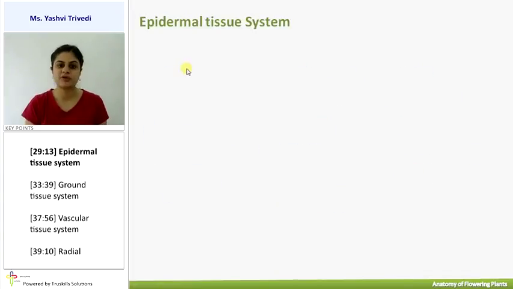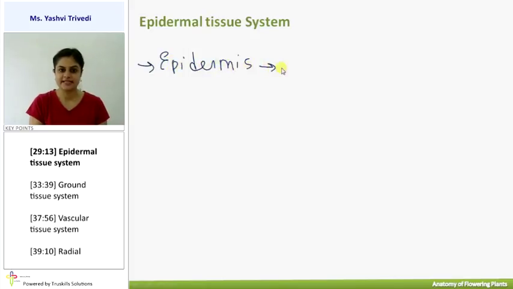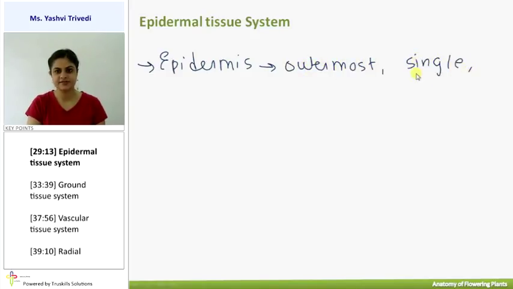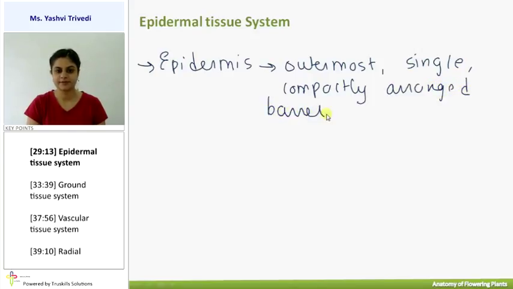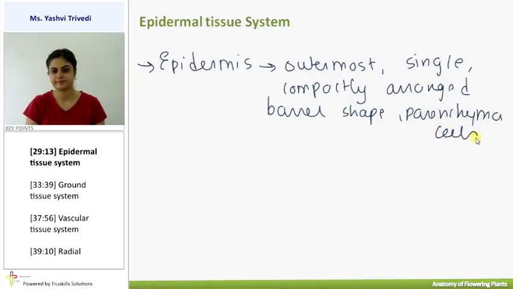So first we are starting with epidermal tissue system. Epidermal tissue system mainly consists of epidermis. Now let us see the characteristics of this layer. Epidermis is the outermost layer, a single layer of cells, which are compactly arranged, barrel-shaped, parenchymatous cells.